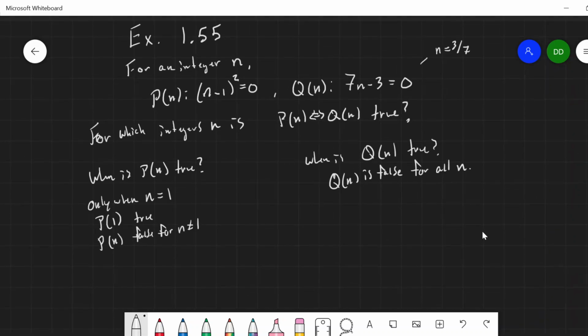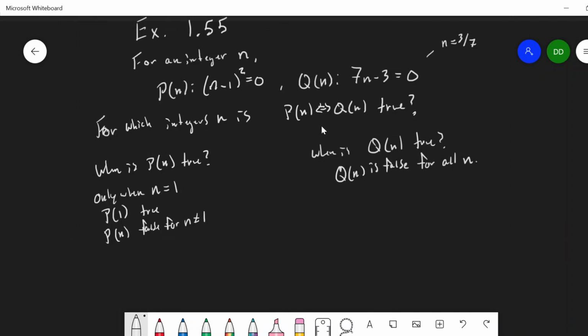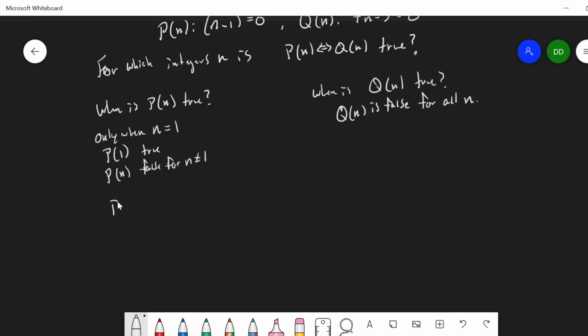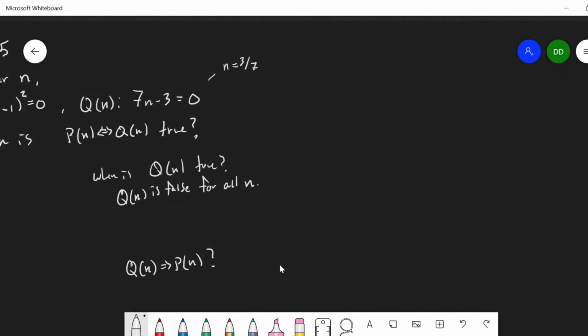And now we want to know when the biconditional P of n if and only if Q of n is true. So I'm going to go one more level here. I want to know when P of n implies Q of n is true, and I also want to know when the converse of that, Q of n implies P of n, is true. Remember that P of n if and only if Q of n is the same as saying that P of n implies Q of n and Q of n implies P of n.